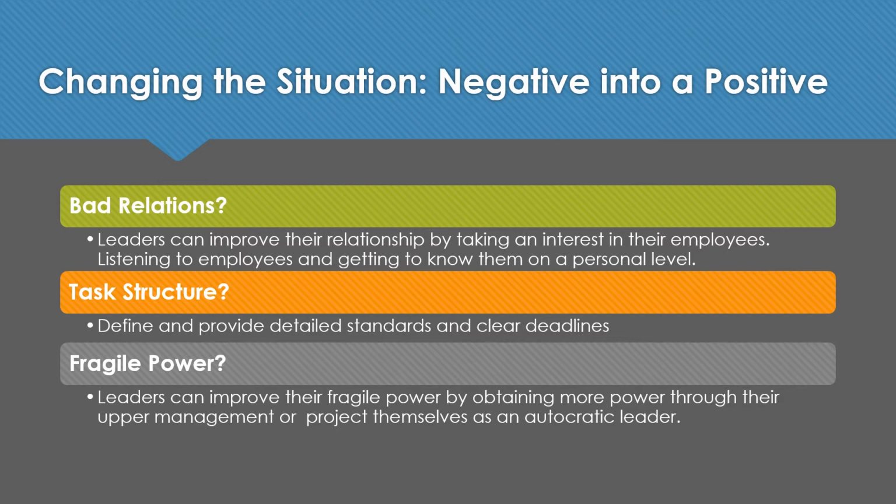If there is an issue with task structure, the leader can provide more detailed standards, expectations, and deadlines. If the issue is fragile power, the leader can obtain more power through their upper management or project themselves as an autocratic leader.